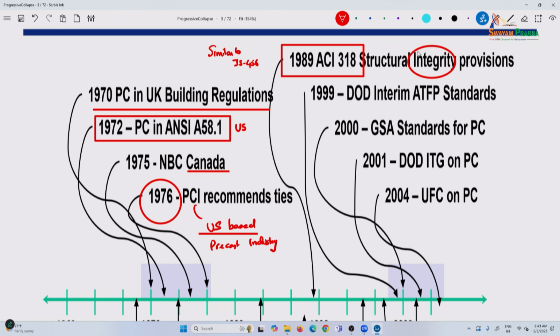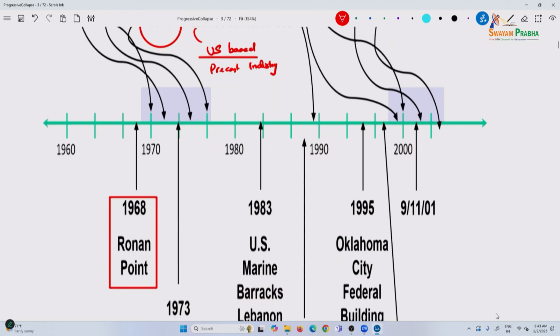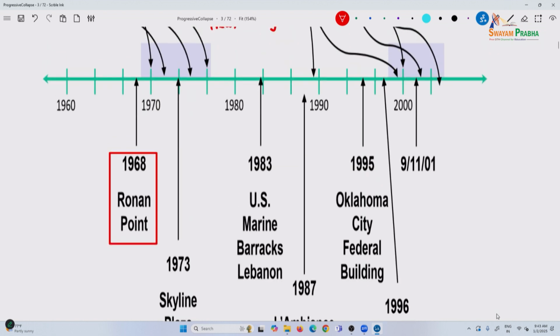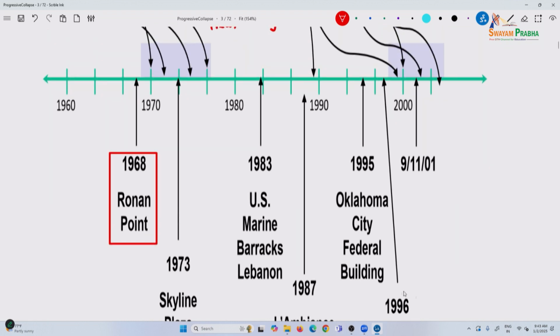The wording basically says the structure should be protected, it should be integral. Then in 1999, the Department of Defense got in. This is what is known as anti-terrorism protection standards. Then government buildings again in 2000, because of further attacks on marine barracks or other public locations.